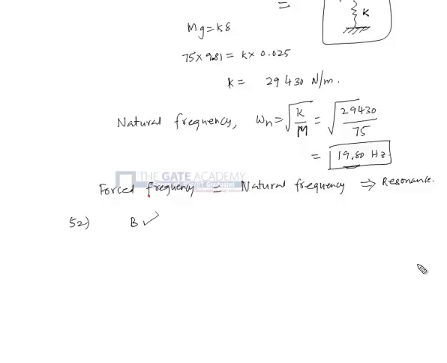Now let's see the question for 53. The minimum angular velocity at which the amplitude of the steady state vibration is 6 mm.